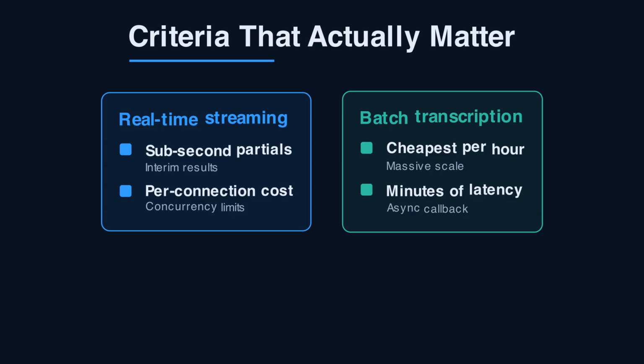Third, throughput and cost. Batch is the cheapest per audio hour and handles scale, while streaming bills per connection and is sensitive to concurrent session limits. Fourth, features like diarization, word-level timestamps, and custom models differ across paths, so confirm support in the current Azure docs before you commit.